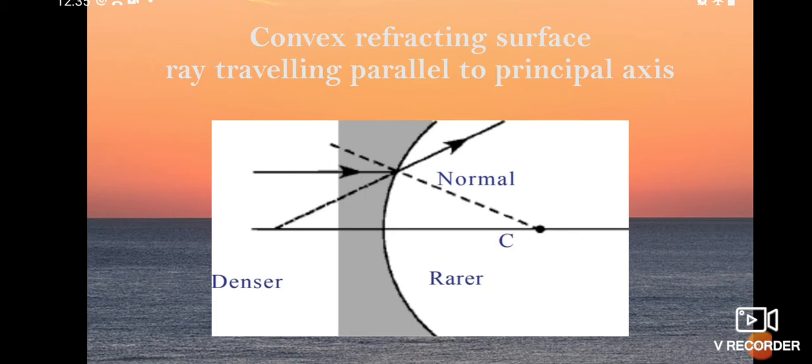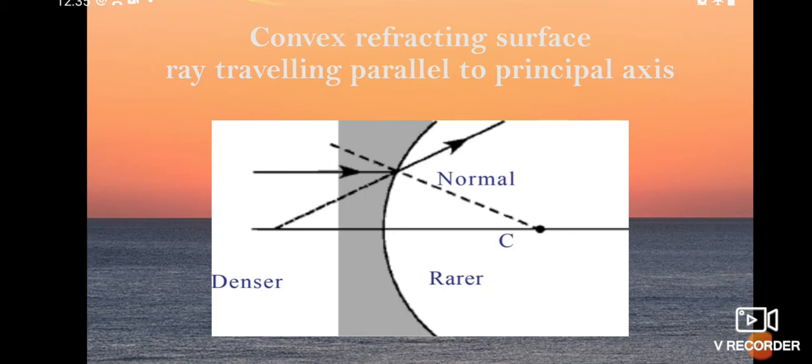When the light ray enters from denser medium to rarer medium, at that time also the refracted ray is away from the normal. They are not going to meet anywhere. Their extended rays also are not going to meet. So here the refracted ray bends away from the normal.